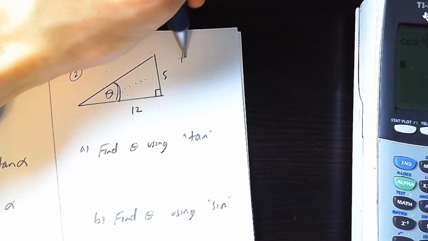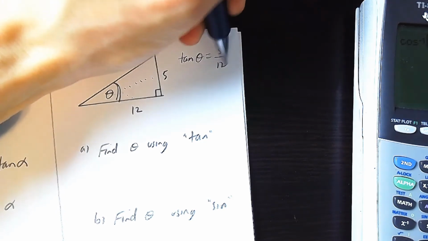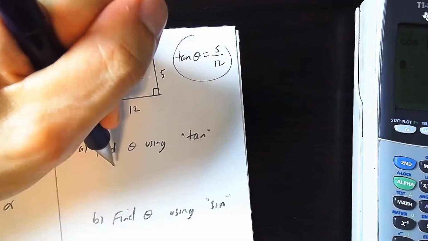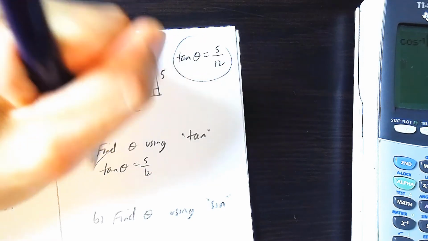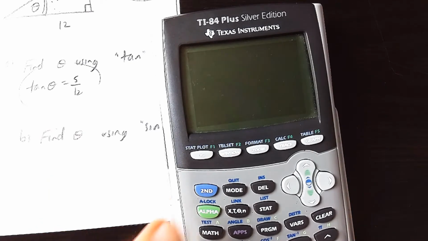So we're definitely going to use tan. Tan theta is equal to opposite, which is 5, over adjacent. So how do you find the actual angle? You use your calculator. We know that tan theta is 5 over 12, so we're going to hit tan inverse.